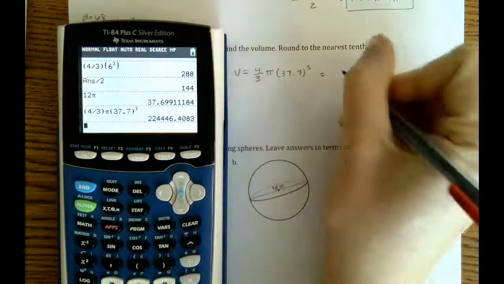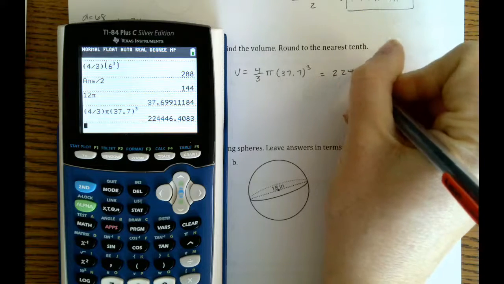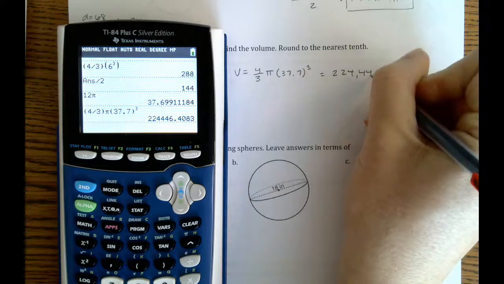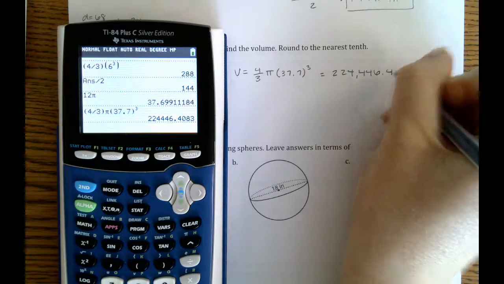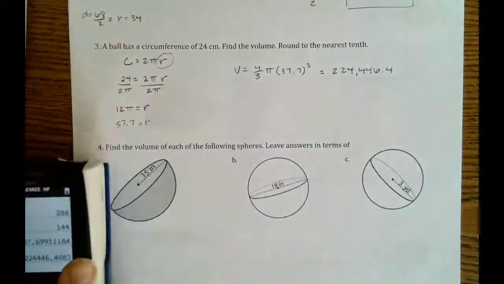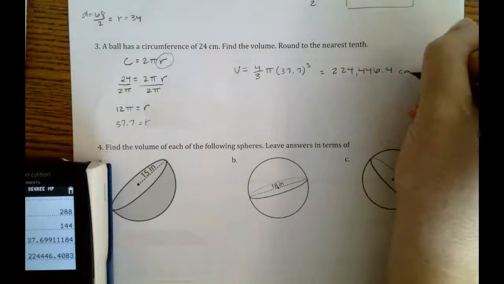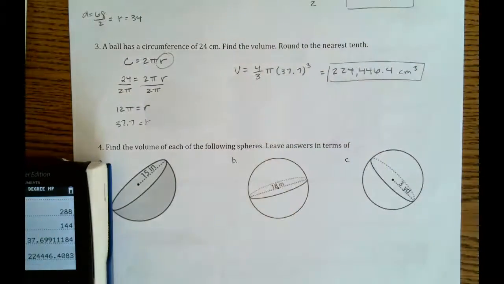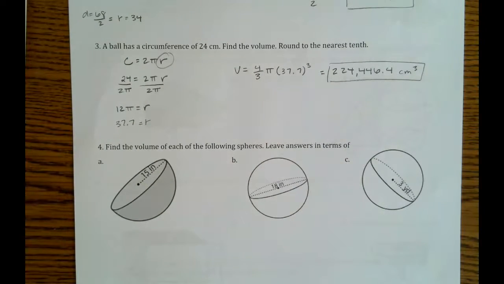So our volume here is 224,446.4, and our measurement was in centimeters. So centimeters cubed for our volume.